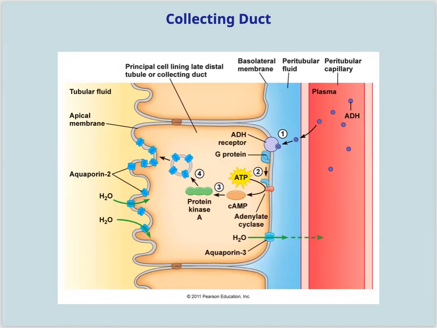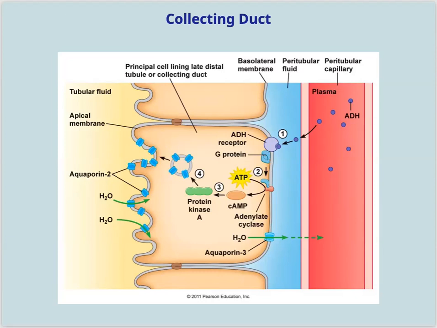Here, let's take a look at what happens under the influence of ADH. ADH, antidiuretic hormone, is also known by the name of vasopressin. If you recall from earlier this semester, ADH is a hormone secreted by our posterior pituitary. Okay, it's actually synthesized by the hypothalamus, but secreted by our posterior pituitary.